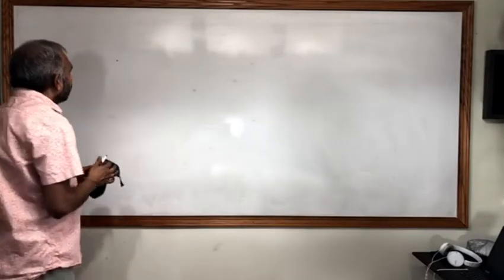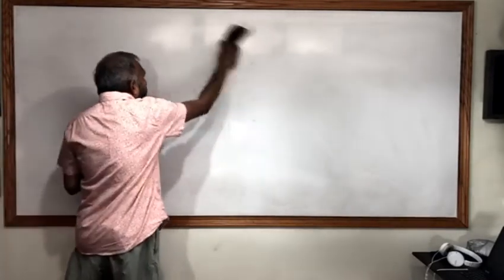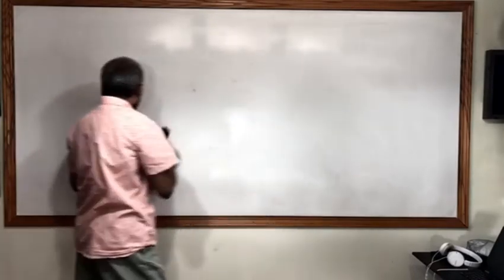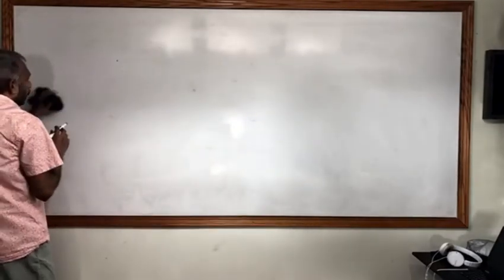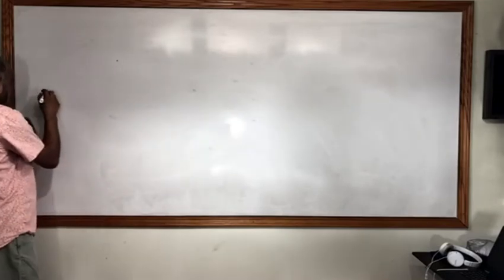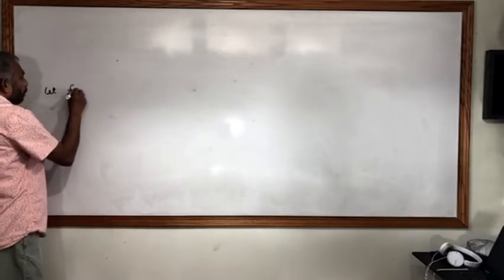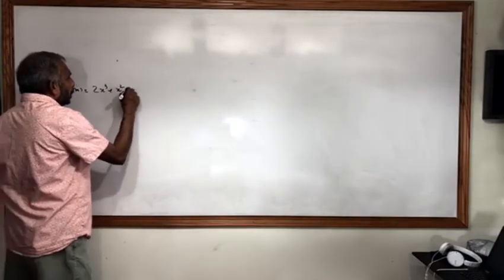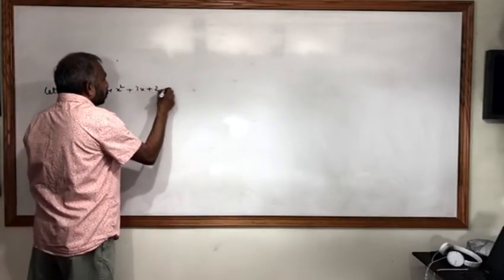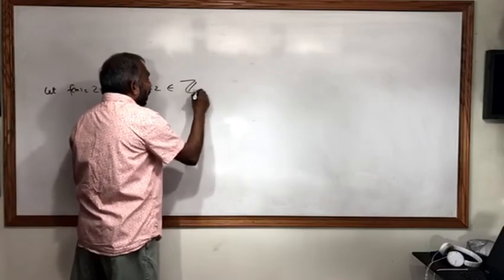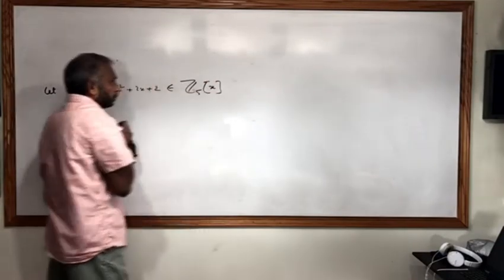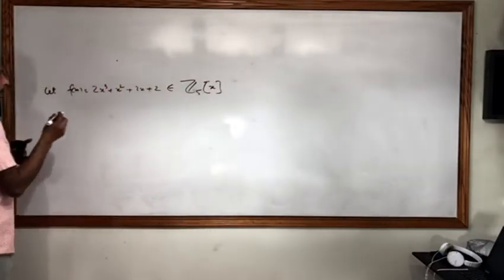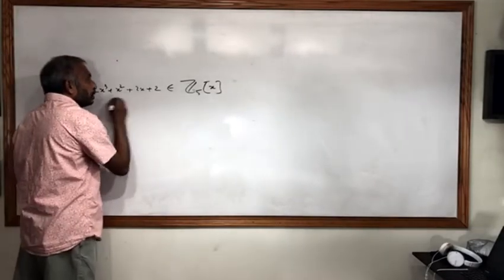Now let us do a very simple problem to illustrate this theorem. Let f(x) is equal to 2x cubed plus x squared plus 2x plus 2 belongs to Z5[x]. We need to find out whether this is reducible or not.